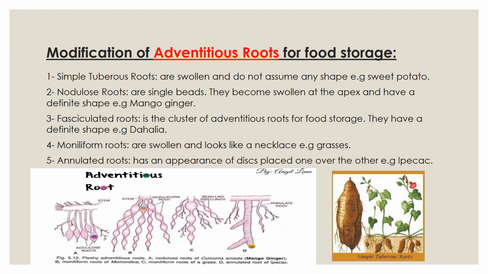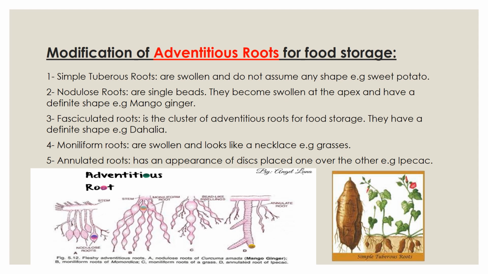Okay, number 2 is nodulose root. These nodulose roots are single beads. They become swollen at the apex, and have a definite shape. An example of this type of root is mango ginger.